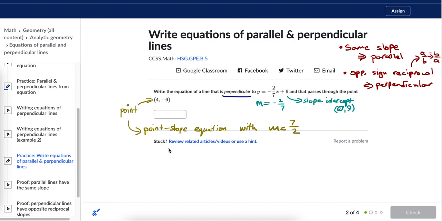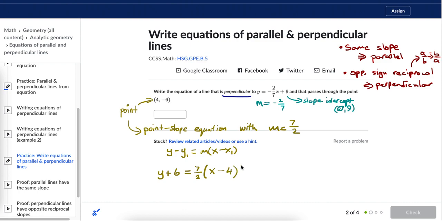Okay, point slope equation. A point slope equation is y minus y1 equals m times x minus x1, right? Everything we need we have right here. So let's start it out. We're going to go with y minus our y1, so that's going to be +6. y plus 6 equals m, which is 7/2. That's our slope, times x minus x1, so the x minus 4.